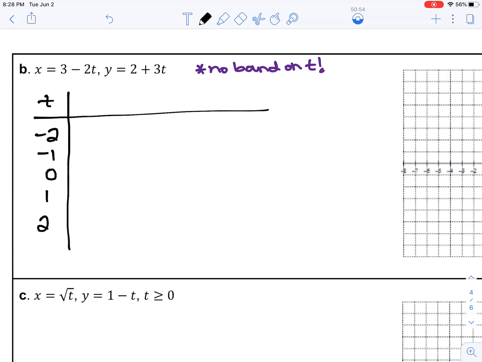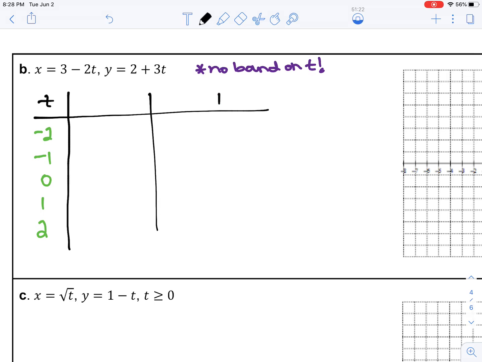If for some reason plugging in t of negative 2 gave me an x value of like 100, I would want to make an adjustment because that's not a super helpful point to plot on my graph. Okay, but it turns out that if I use t values of negative 2, negative 1, 0, 1, and 2 here, I'm going to be okay when it comes to plotting our x, y points.